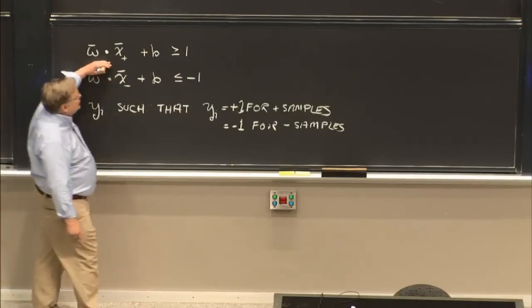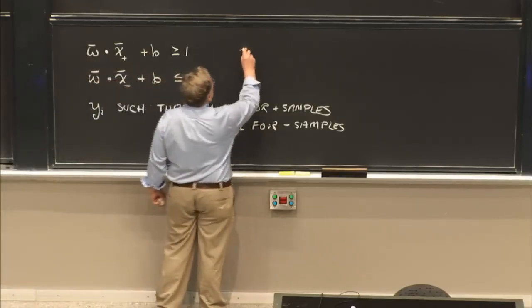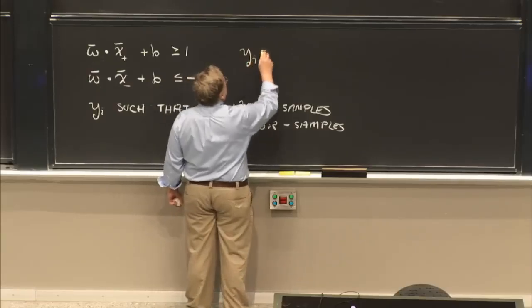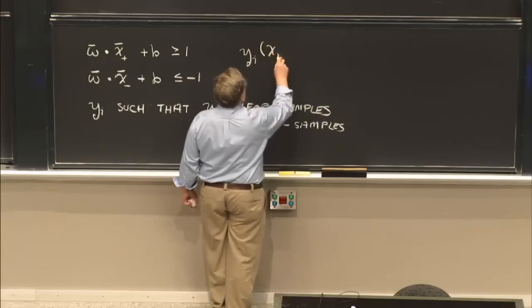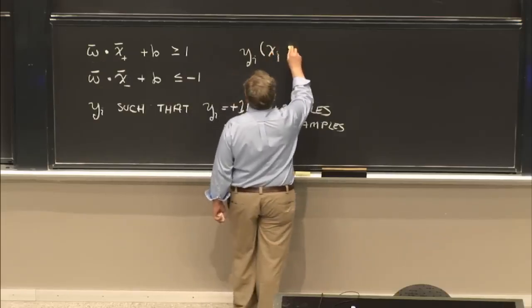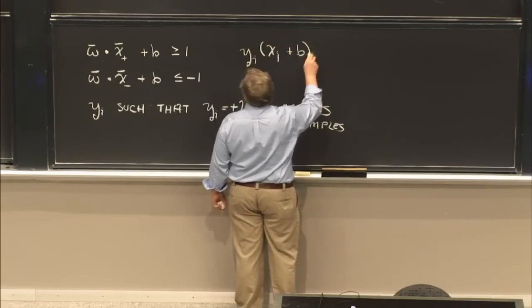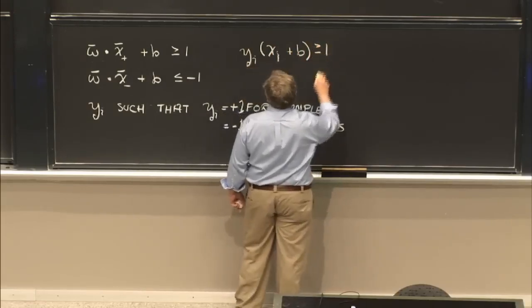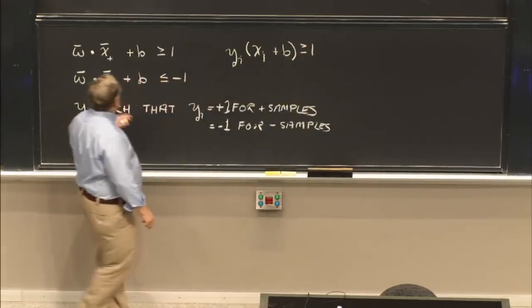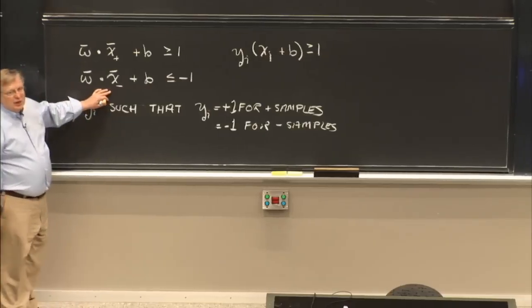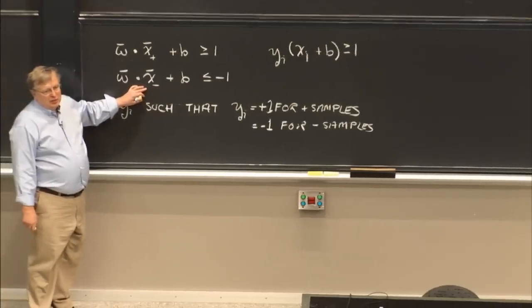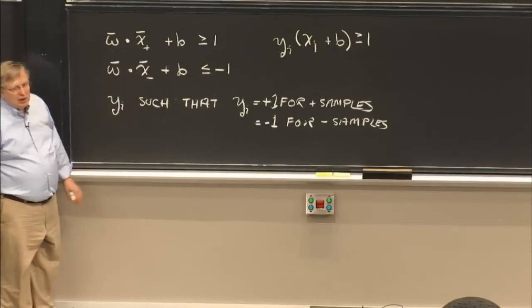So what we're going to do with this first equation is multiply it by y sub i, and that is now x sub i plus b is equal to or greater than 1. And then we're going to multiply the left side of the second equation by y sub i as well.